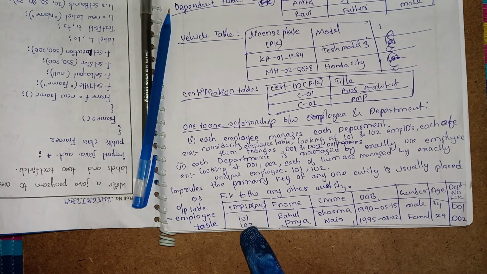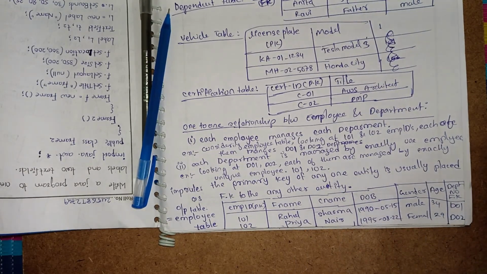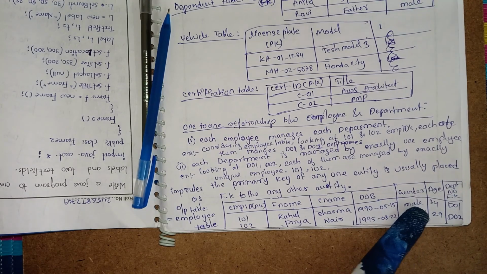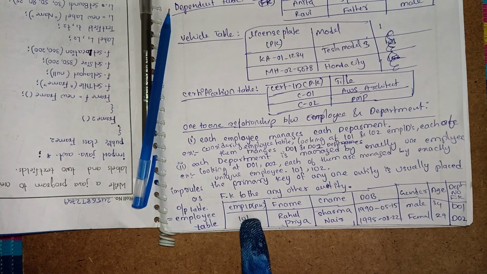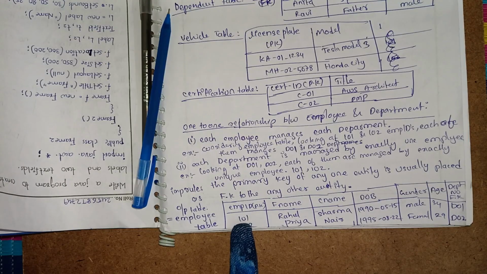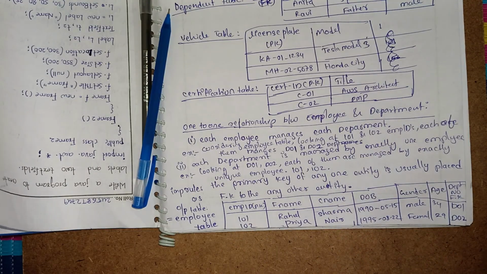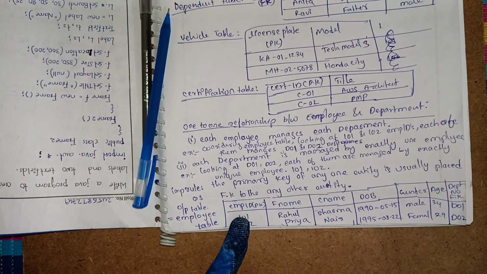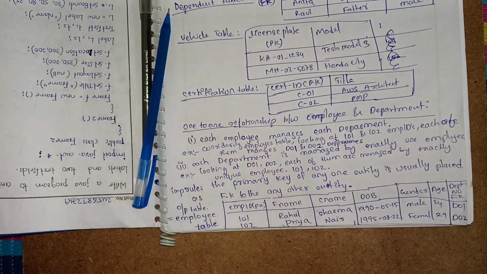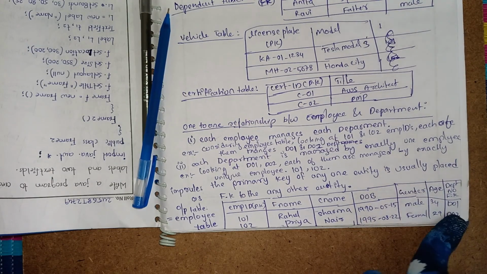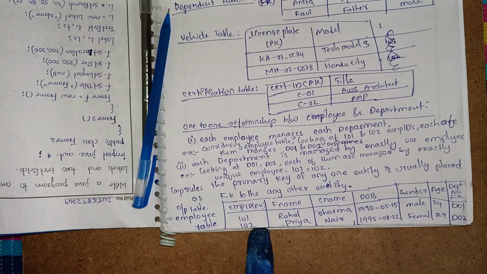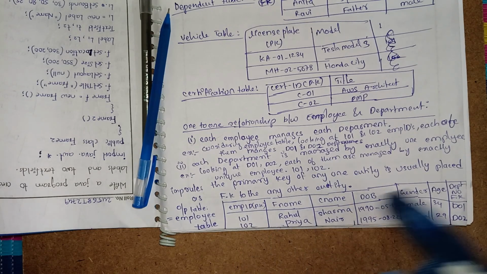If D01 were written twice and managed by employees 101 and 102, a one-to-many relationship would be generated, so that will not be accepted. Each department D01 and D02 is managed by exactly one unique employee, those being 101 and 102.